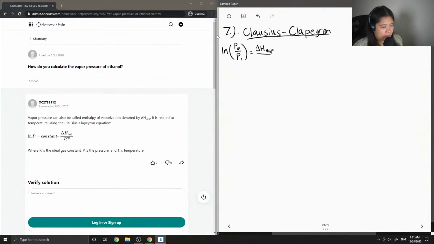Let's say the temperature was increased to this and it started at room temperature at this pressure, then what is the new pressure? You can use the Clausius-Clapeyron equation.